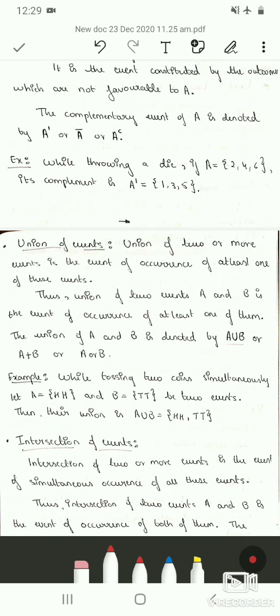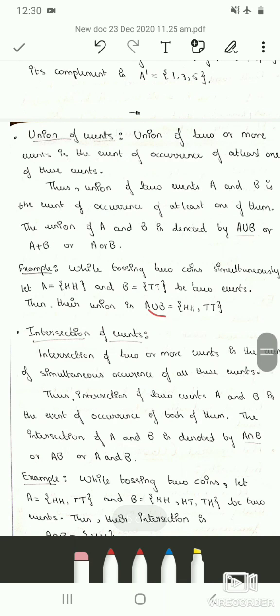Then their union, we can write as A union B, or A plus B, or A or B. So when you take union of event A and event B, we will get HH comma TT. So we can say that when two coins are tossed simultaneously, the union of the two events A and B is that the two coins can show up either head and head, or tail and tail.